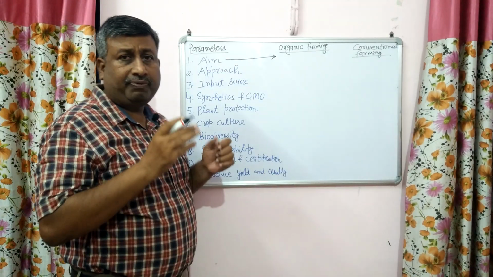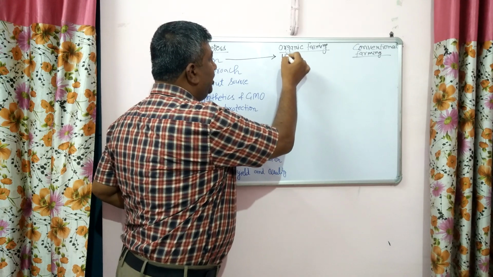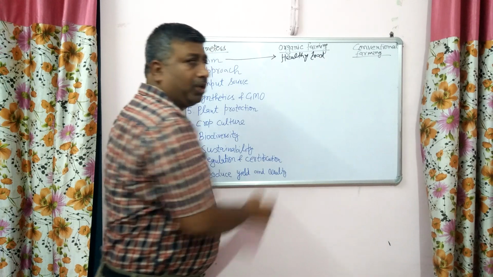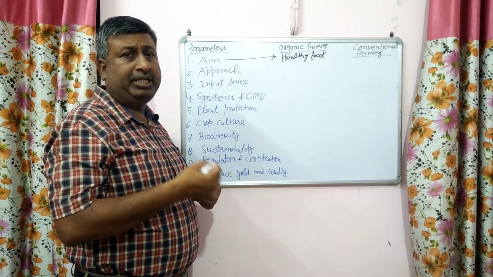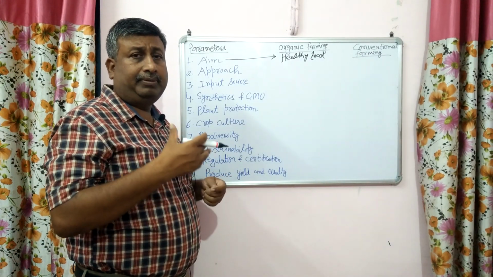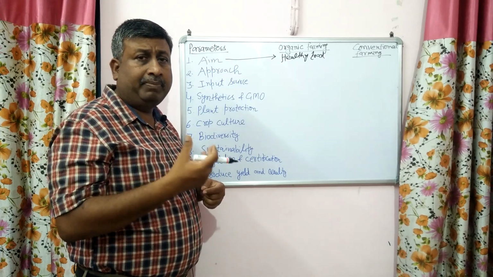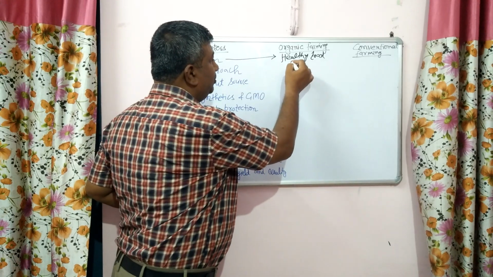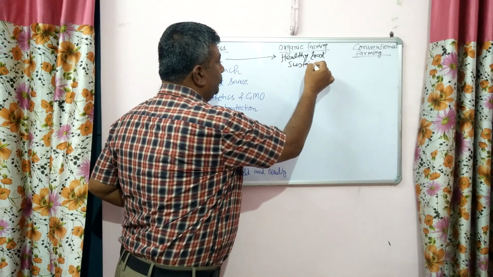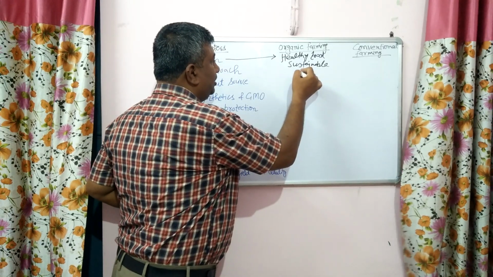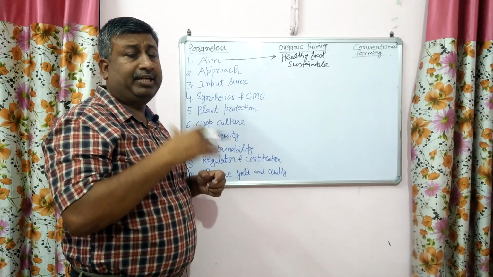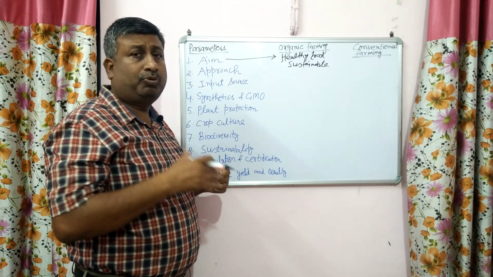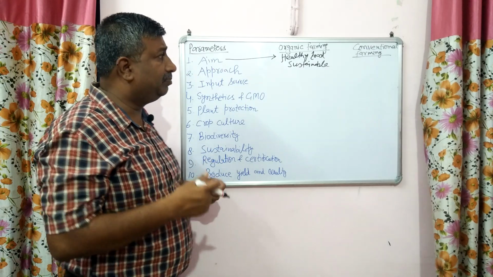In case of organic farming, our aim is health and healthy food production without any contamination, without any residue, so that the health of the human, animal, soil and the whole system is maintained, with a sustainable system, without degradation of the environment, maintaining resources. So here the aim is to produce healthy food so that health is maintained.